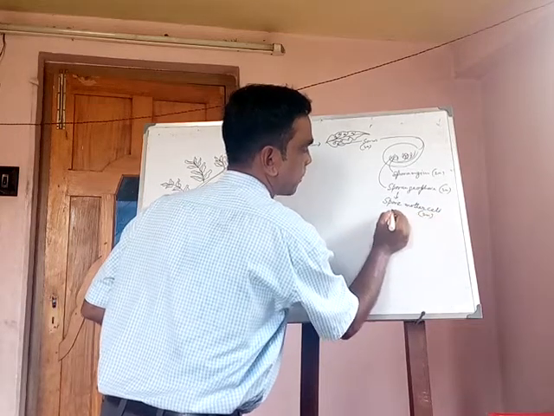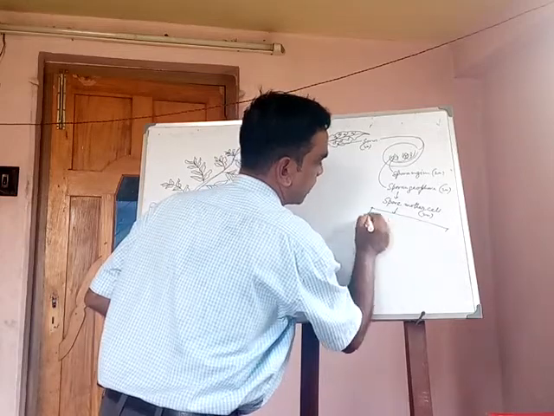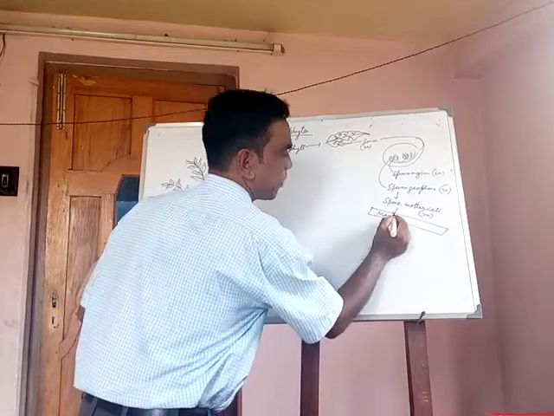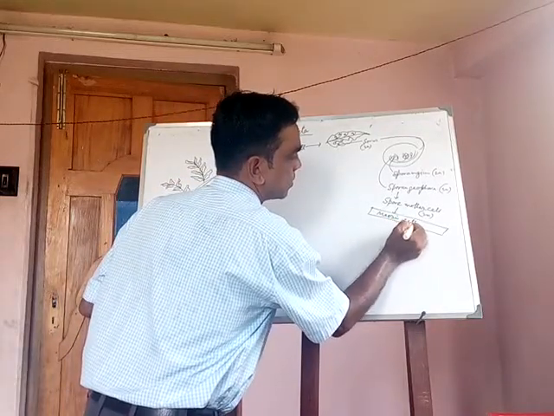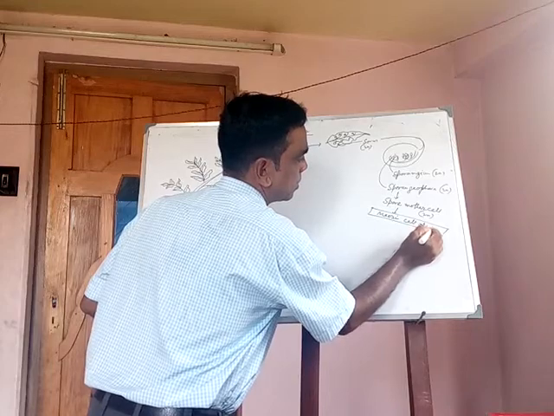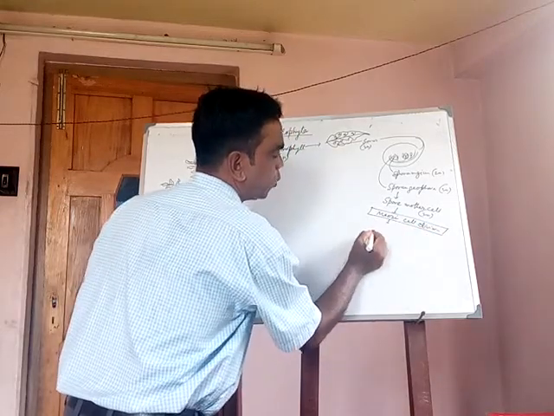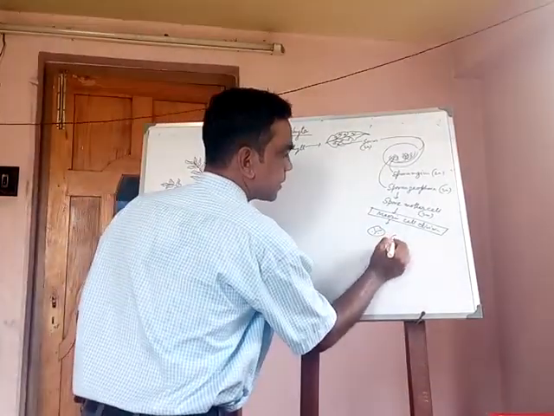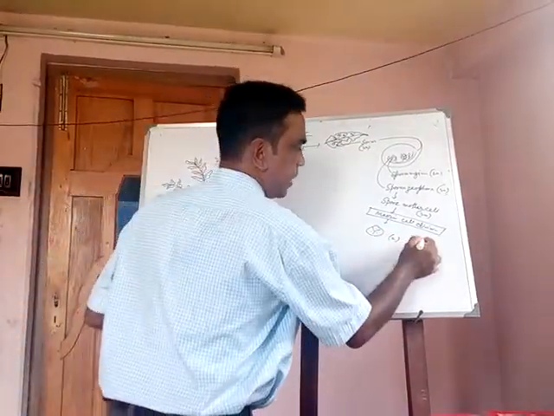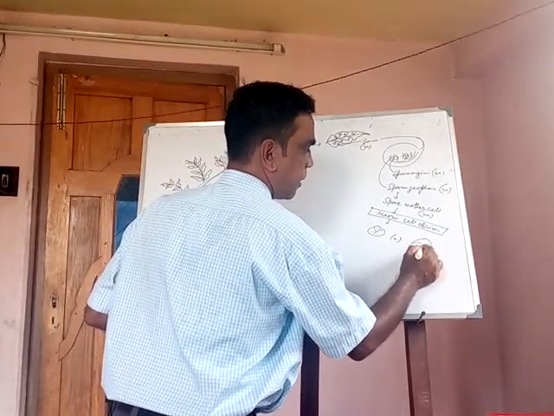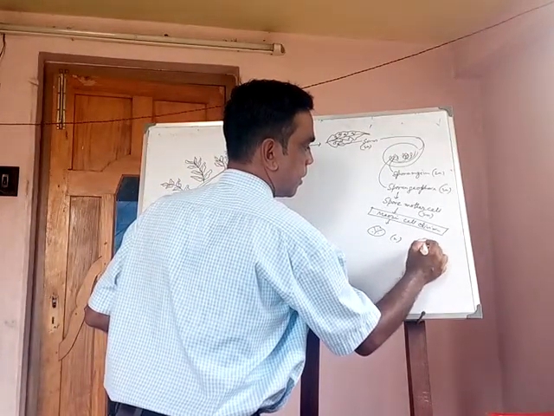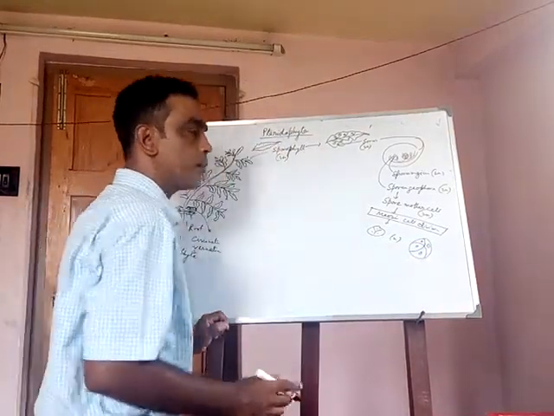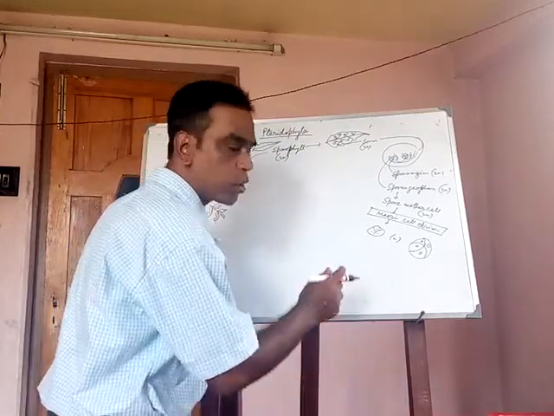That is diploid, and hence meiosis cell division takes place in the spore cells and produces the spore tetrad. It is the haploid part. Four haploid cells are present in a spore tetrad.